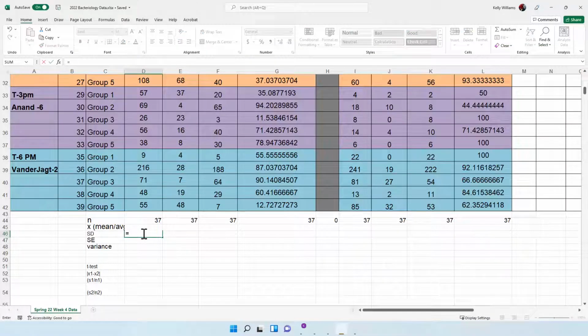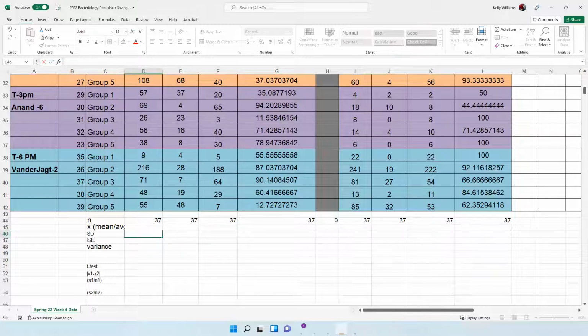Okay, and we're going to use standard deviation for the sample. If yours is one of the older versions and you can do just standard deviation, you can go ahead and do that, but otherwise do standard deviation or stdev.s for the sample. Again, highlight all of your information, go from there.